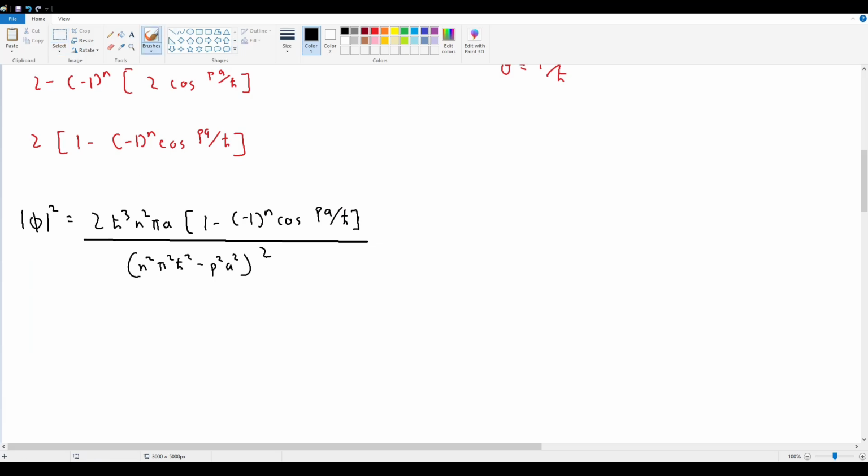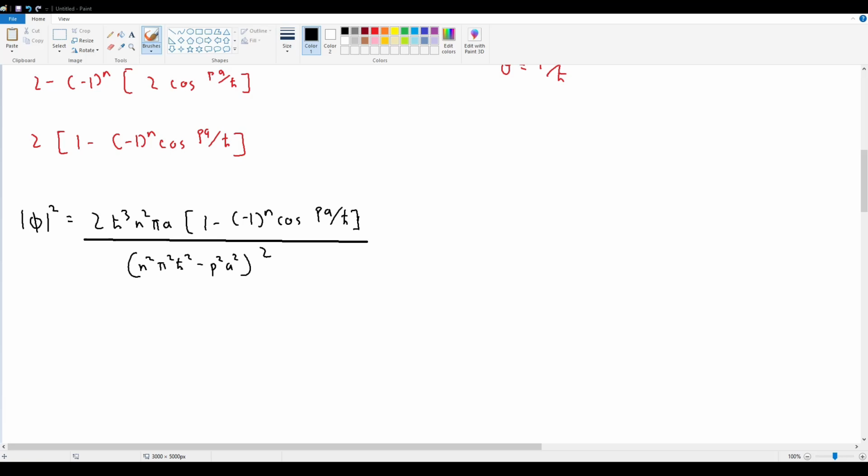Okay, double checking again, just to make sure that this is actually all correct. n squared pi squared, 2 h bar cubed over n squared pi a times 1 minus negative 1 to the power of n cosine pa over h bar. If it's even, then it becomes plus. If it's odd, it becomes minus. Yeah, that's correct. Okay, so that's the first part.